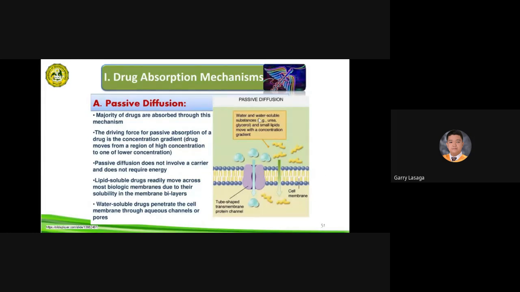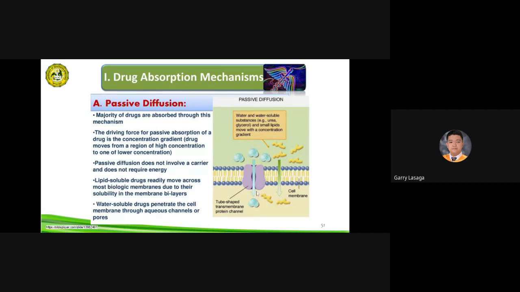But substances such as water will not be able to pass through the cell membrane passively or via simple diffusion, so they need a certain type of carrier or transporter in order to pass through the cell membrane.